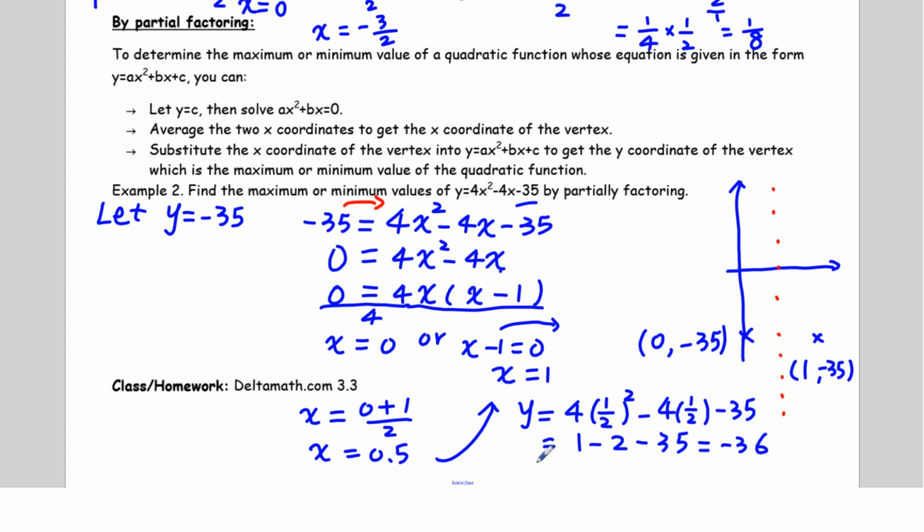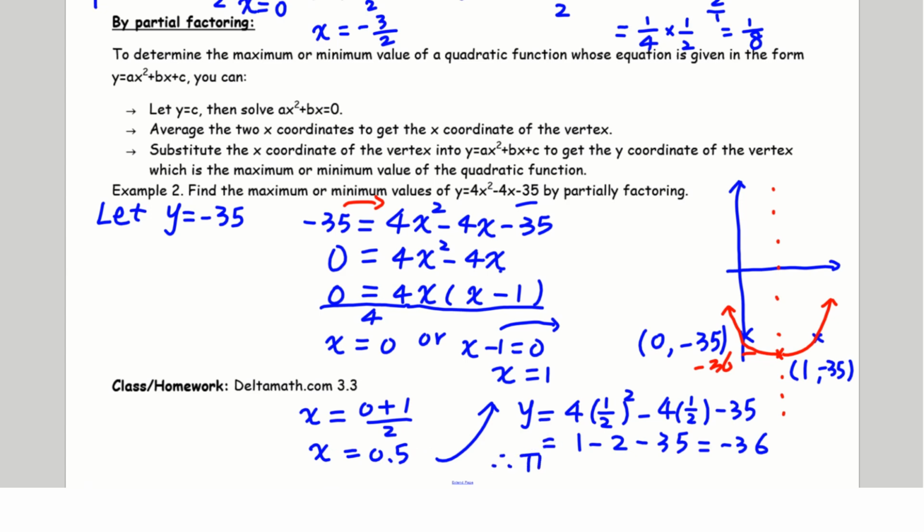Then, because it opens up, this a is 4 positive, so you have negative 36. Then open up. So you have a minimum value. So we are going to write a statement.